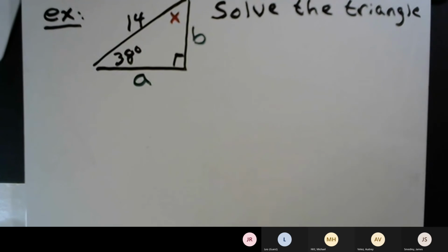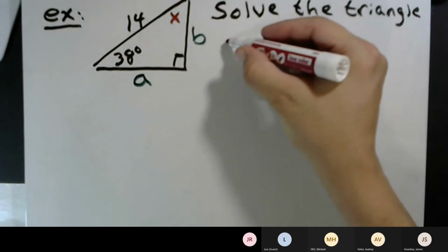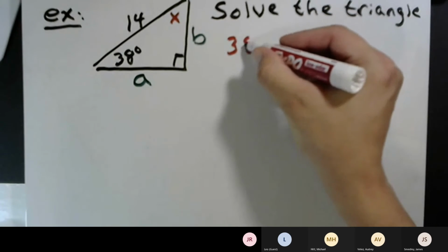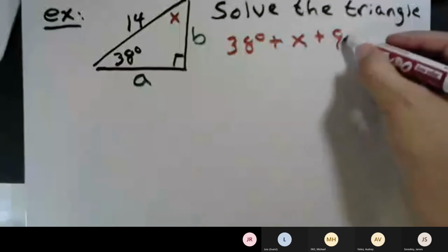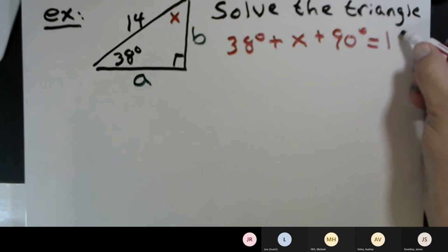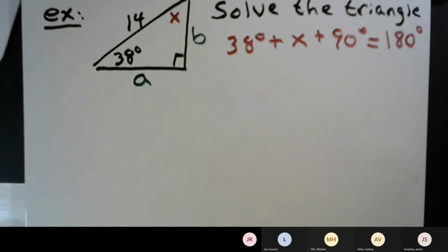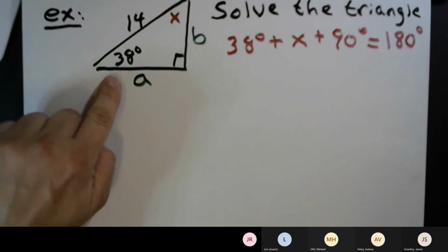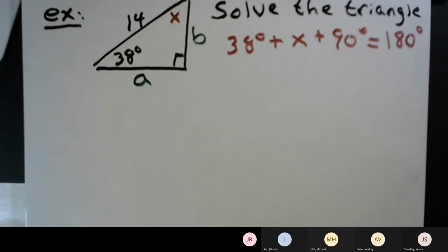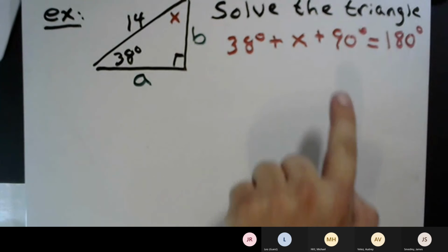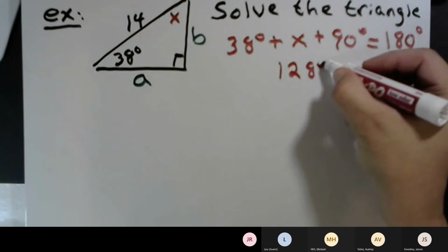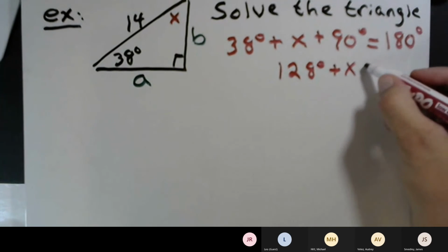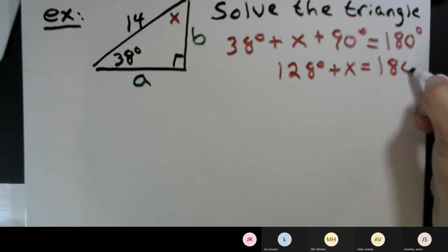Well, angle X we can find. So remember, the sum of the angles has to equal 180 degrees. So 38, 90, X, those have to add up to 180 degrees. So if we add our 38 and 90, we'll get 128 degrees plus X is 180.